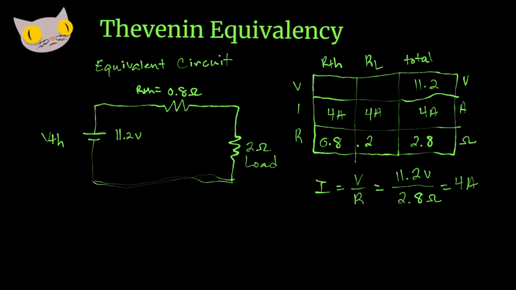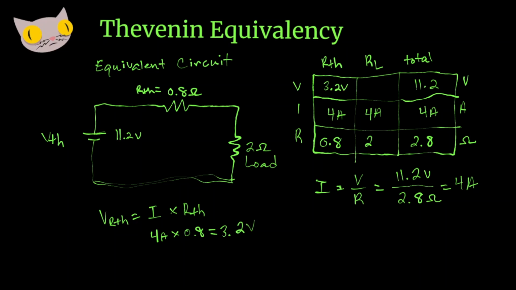Okay, so now let's find the voltage drop across our equivalent resistor here. So our VR Thevenin is going to be equal to our current times our resistance. So 4 amps times 0.8 gives us 3.2 volts.